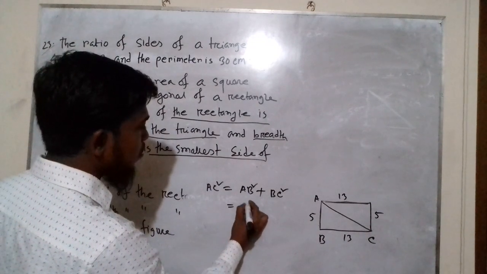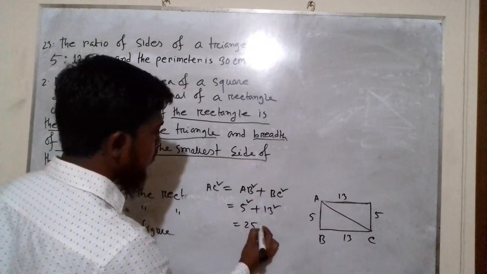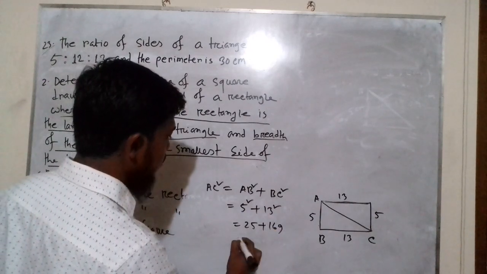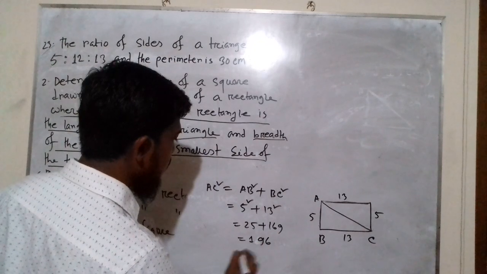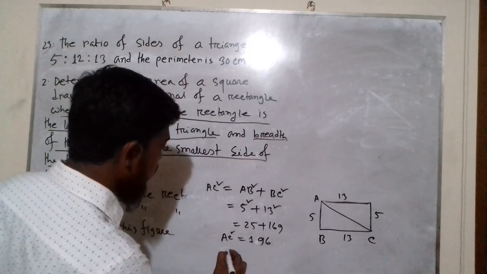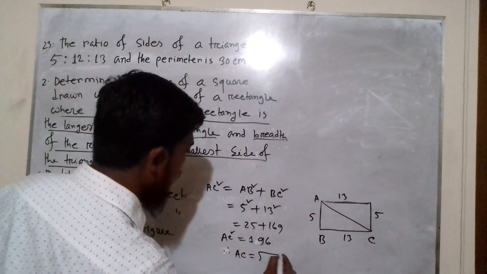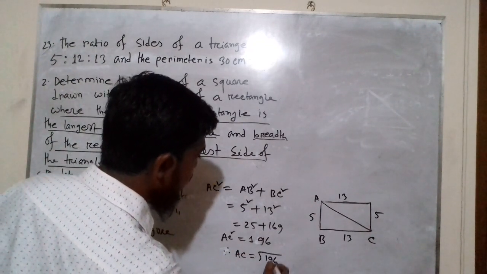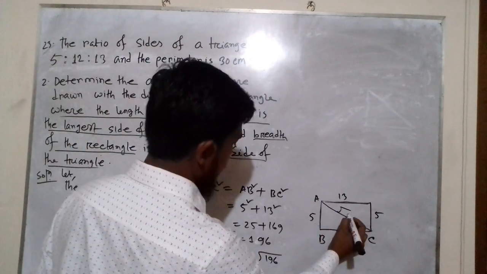This equals 5 square plus 13 square, 25 plus 169. This equals 196. So AC square is 196. Therefore AC equals root over 196. This is the diagonal of this rectangle.